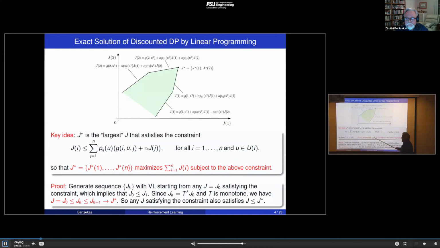Large number of variables too, right? N variables and as many constraints as there are state control pairs. So this approach can be applied for a limited number of states, but at some point it becomes inapplicable. So we think of approximations, but taking this linear program as our basis, okay?